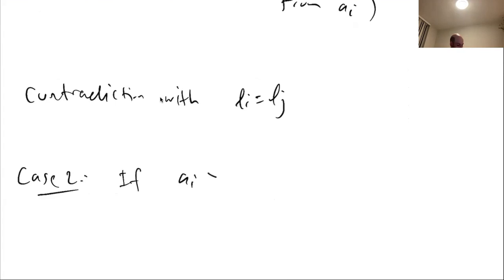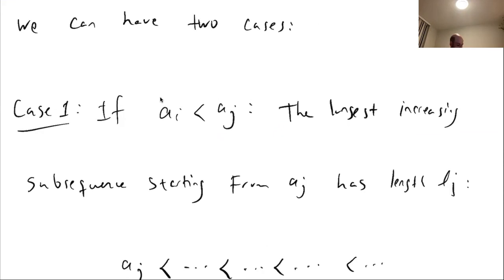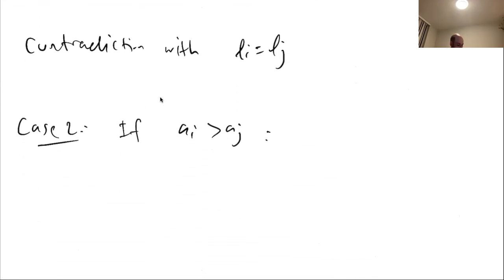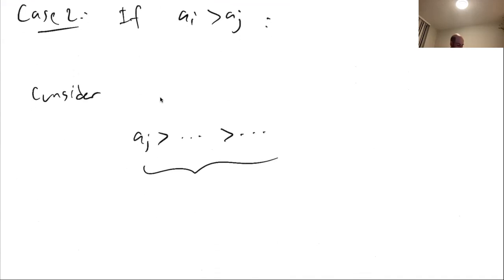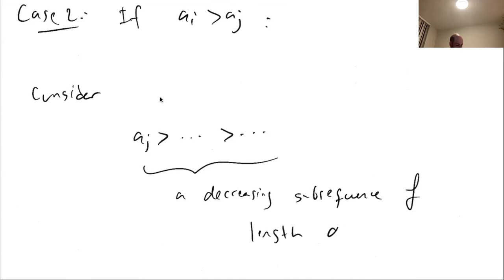So case 2, if AI is bigger than AJ. Case 1 was AI less than AJ, case 2 AI bigger than AJ. Again, I can consider AJ bigger than, so this is a decreasing subsequence of length DJ, right?